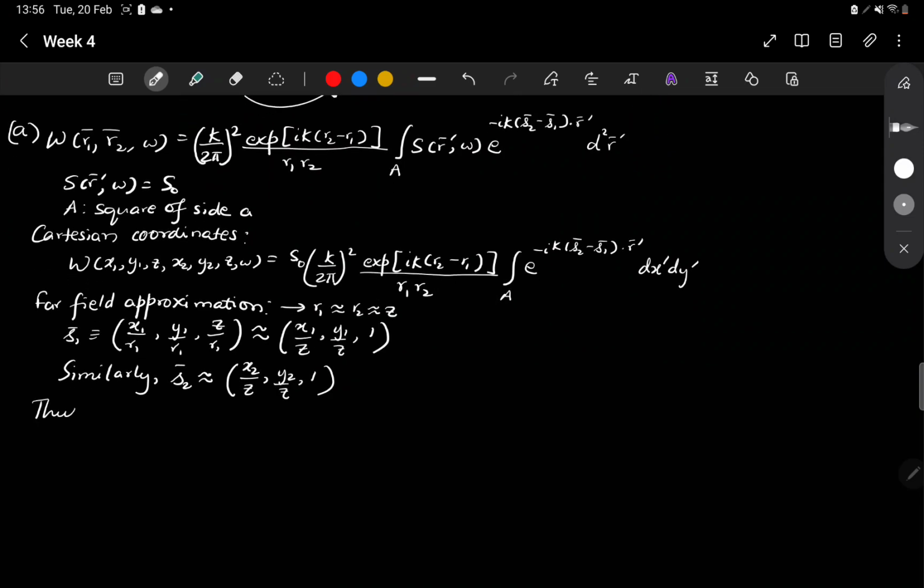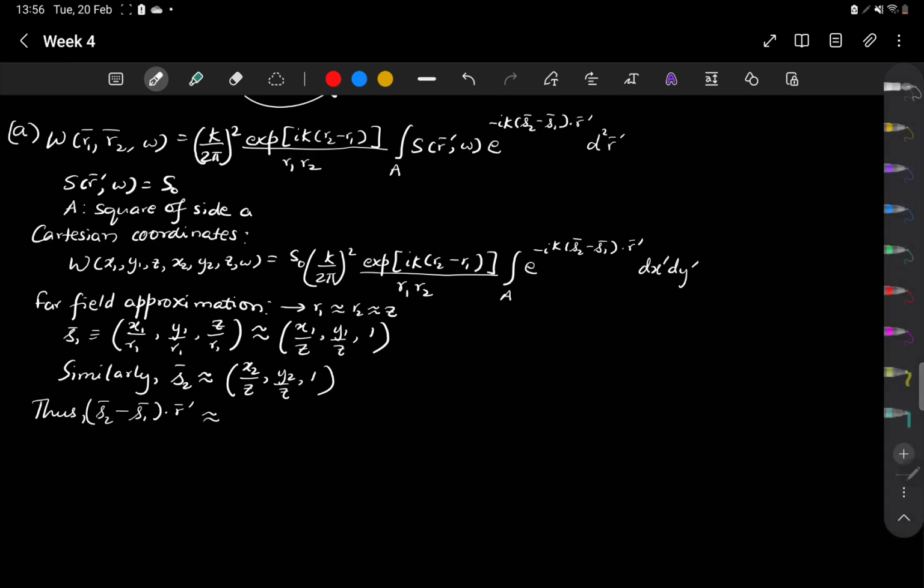So now this S2 minus S1 term, this term right here, we are writing over here in the far field approximation.